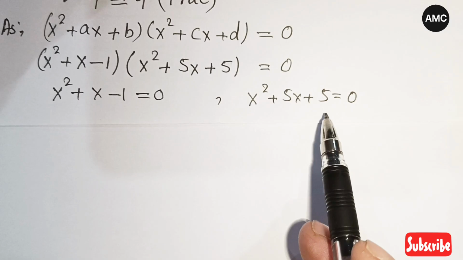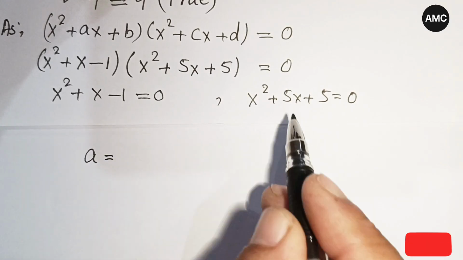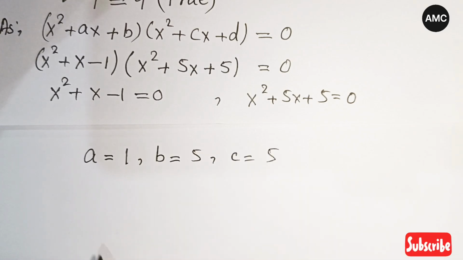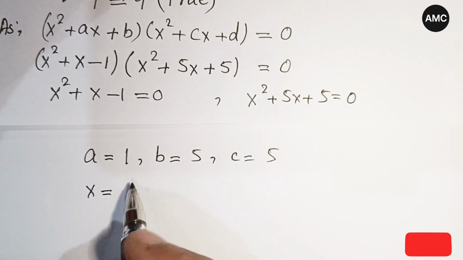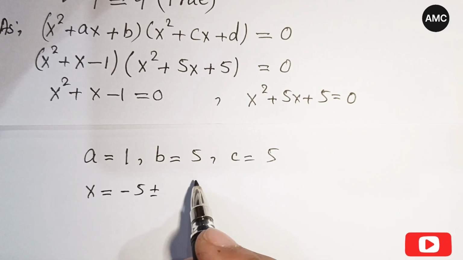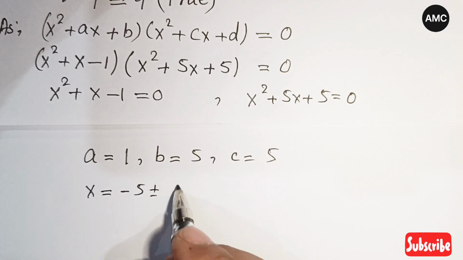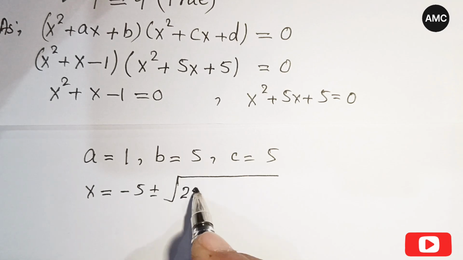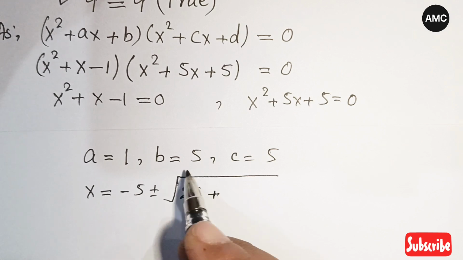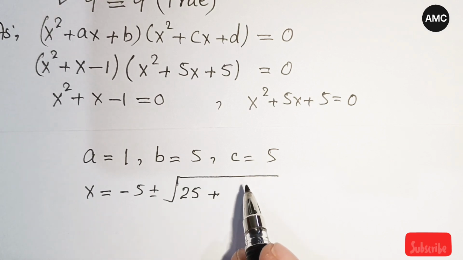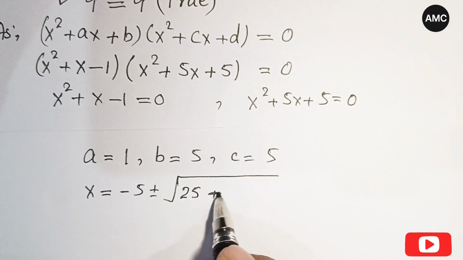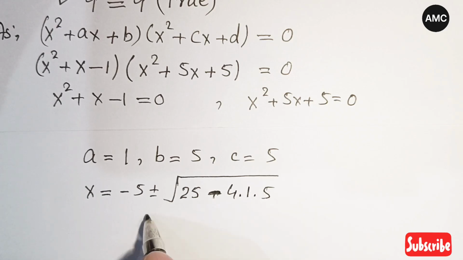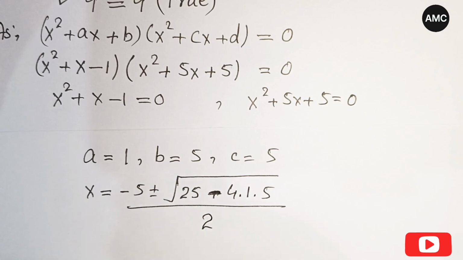Now solving this one, x squared plus 5x plus 5. Here the value of a is 1, the value of b is 5, and c is equal to 5. So using the quadratic formula, we get x is equal to minus 5 plus minus the square root of b squared, which is 5 squared, 25, plus, here minus 4ac, minus 4 times a is 1, c is 5, all over 2.